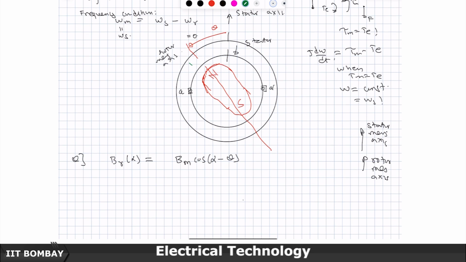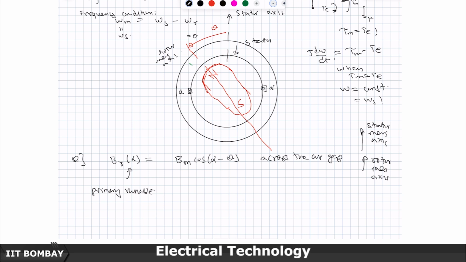So, what does it mean when alpha is my variable here? The primary variable is alpha. When I rotate the machine, theta will also become a variable, but right now I am not rotating the machine. The rotor is just kept at an angle theta, and then we are asking the question, how is the B waveform seen across the air gap?